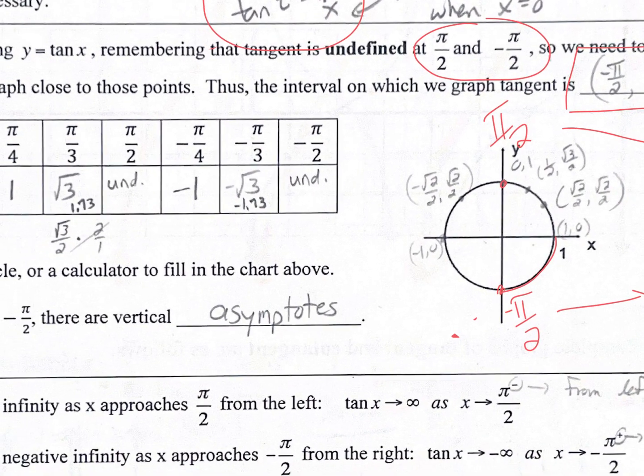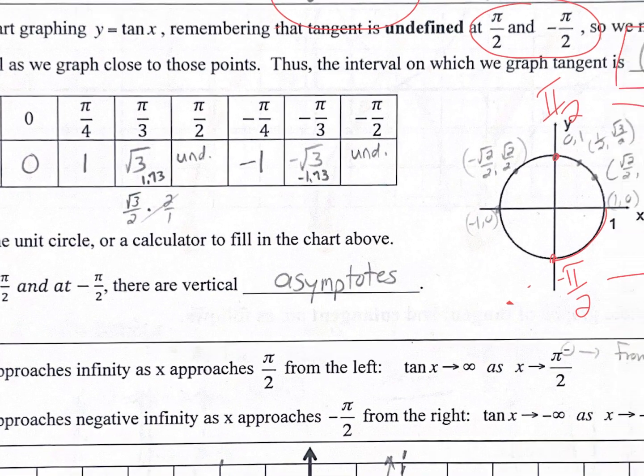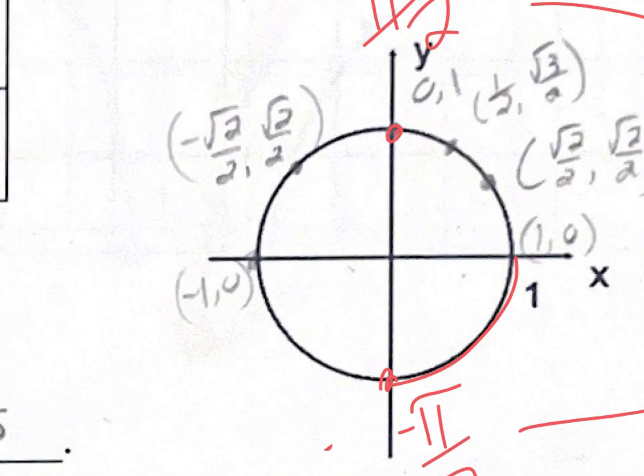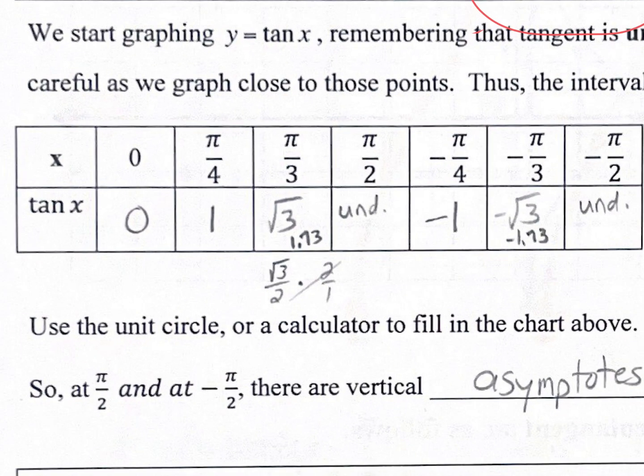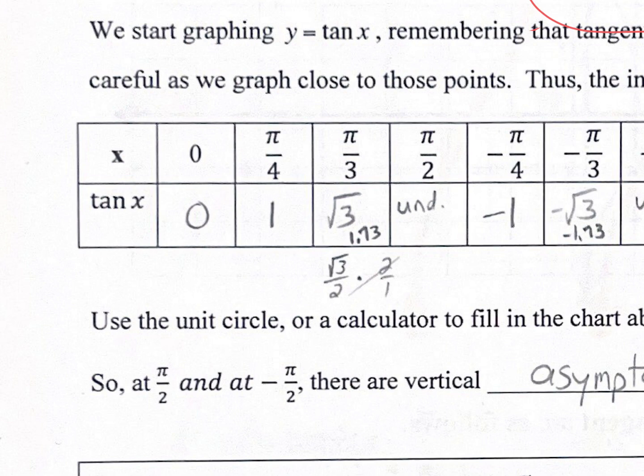So we filled this table in by using the points on here. This is pi over 4, this is pi over 3, and then we have pi over 2. Using those points, the tangent of 0 is 0 because it's 0 over 1.